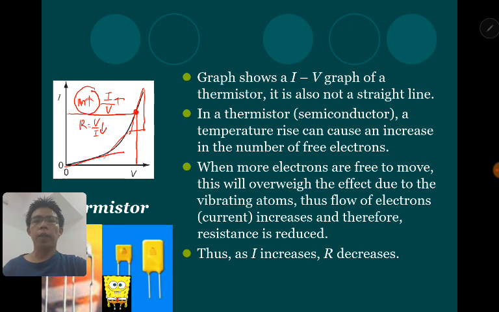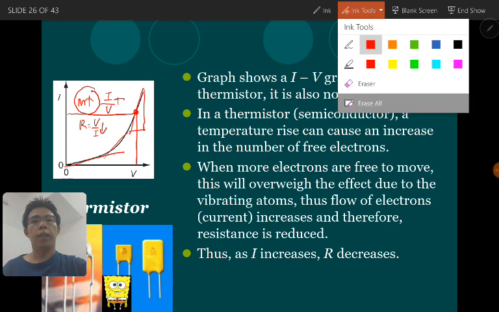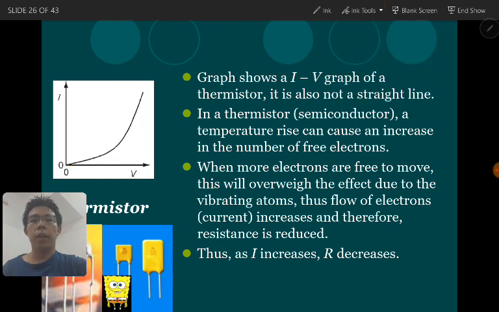So how do we actually identify it if that's the case? Very simple. Every time, you draw a line starting from zero to the point that you want to investigate its resistance.